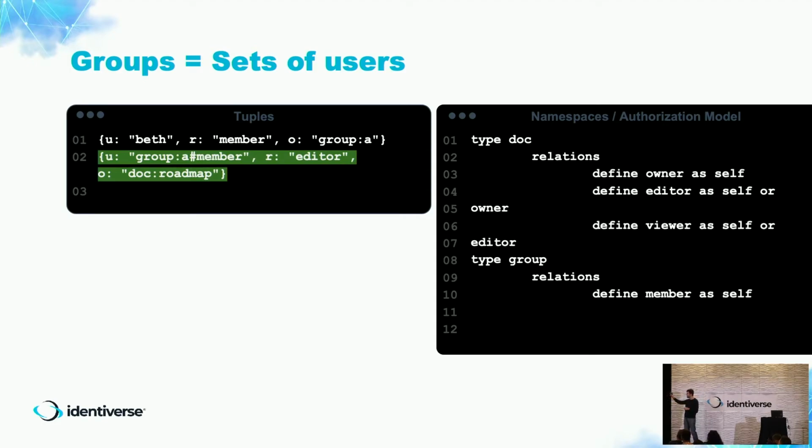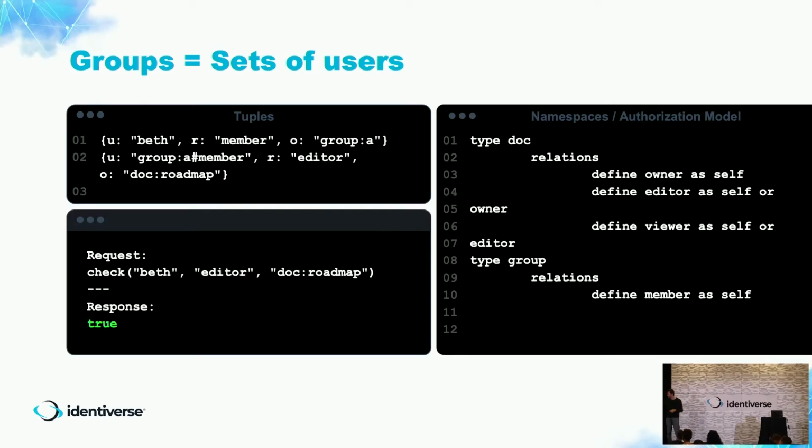That's special syntax. That's like, again, hashtag pound, I don't know, depending on whether you're from the US or British, but that's how it works. That's it. Then I can ask, hey, is Beth an editor of the document roadmap? The answer is true. Why? Beth is a member of the group, and group's members are editors. Editors are anyone that's an editor, we're good. And then we can also go ask, hey, is Beth a viewer? And the answer is true as well, because viewer is defined as anyone that's a viewer or an editor, because she's an editor, she's a viewer.